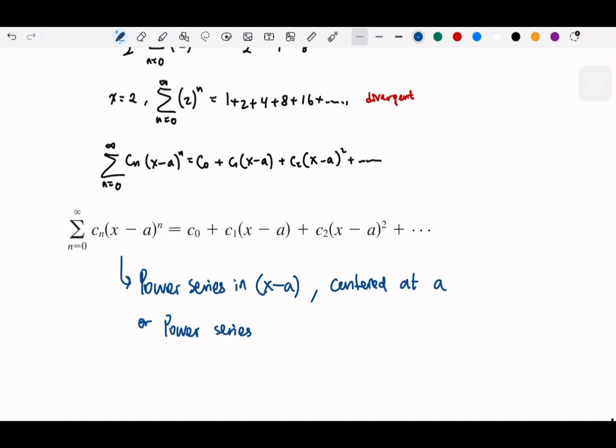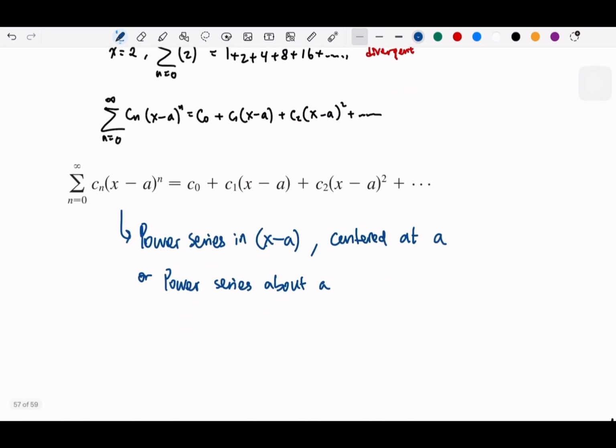Power series about a. So if x equals a, then all the terms will be 0.